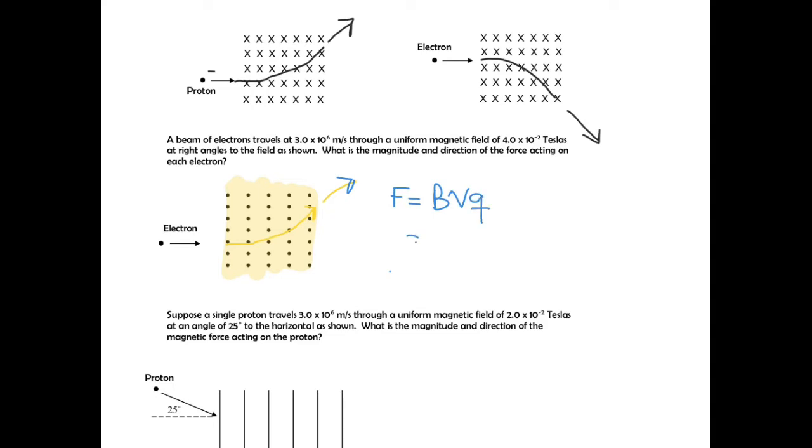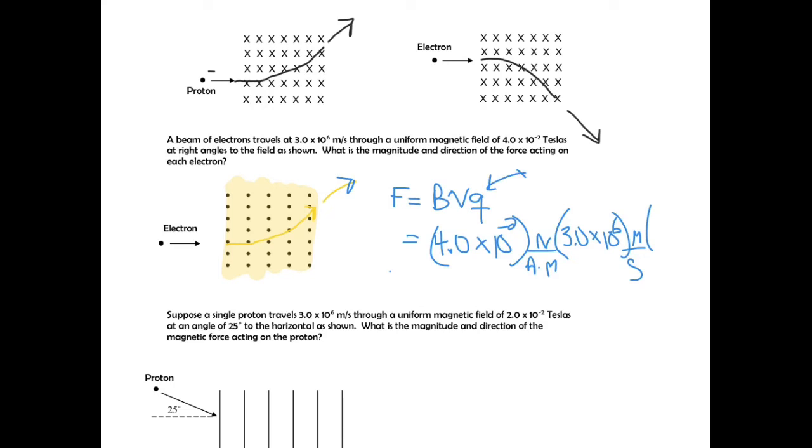And just substituting the number, so B is the magnitude of the field, which is 4.0 times 10 to the negative 2 teslas. But if you remember, a Tesla is a Newton per amp meter. And then it's going to be multiplied by the velocity, which is 3.0 times 10 to the 6th meters per second times the charge.